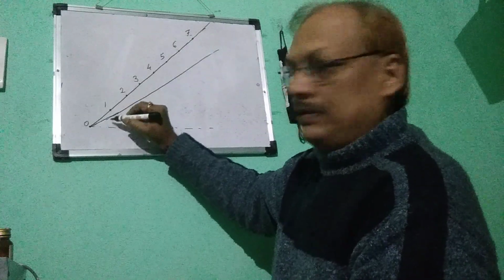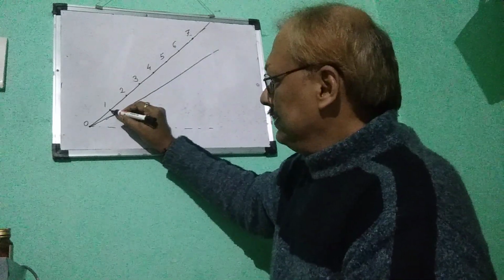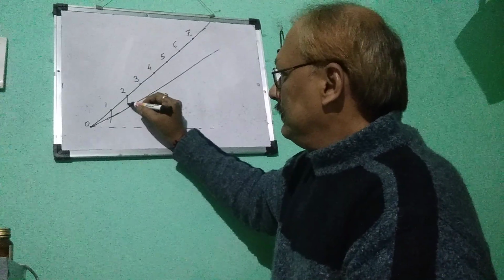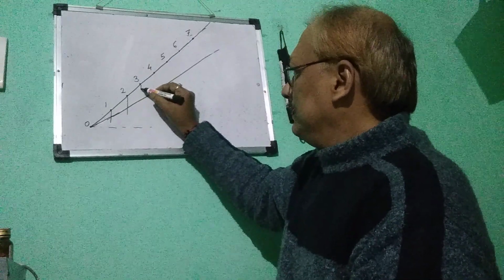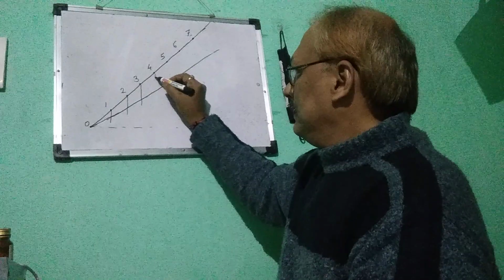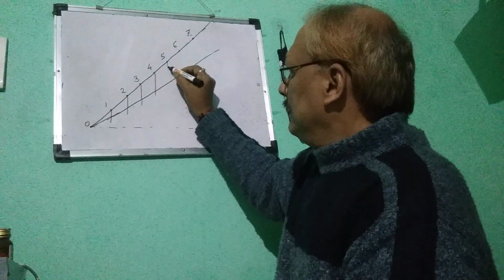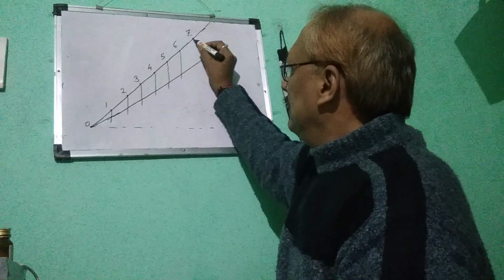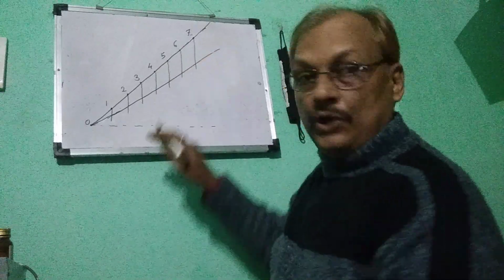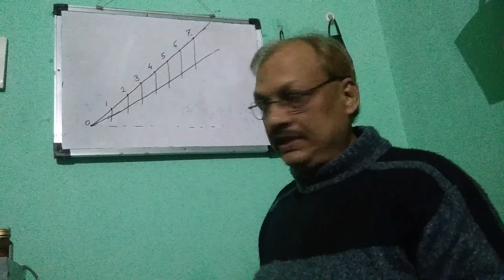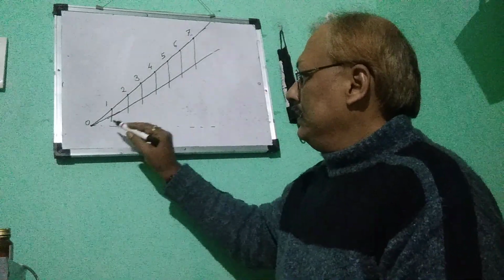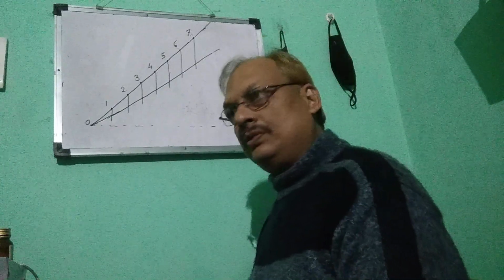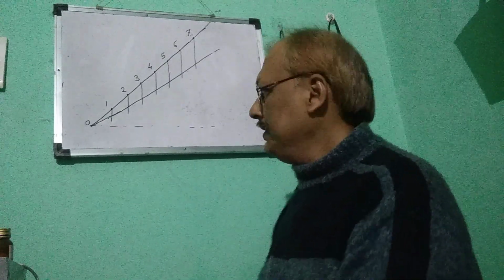So verticals we will draw. These all will be drawn with a 4H pencil. Final drawing here is the scale only, so that you make by HB.